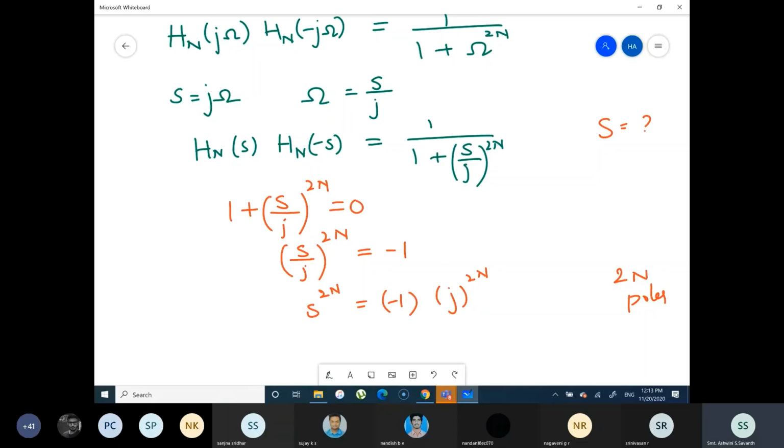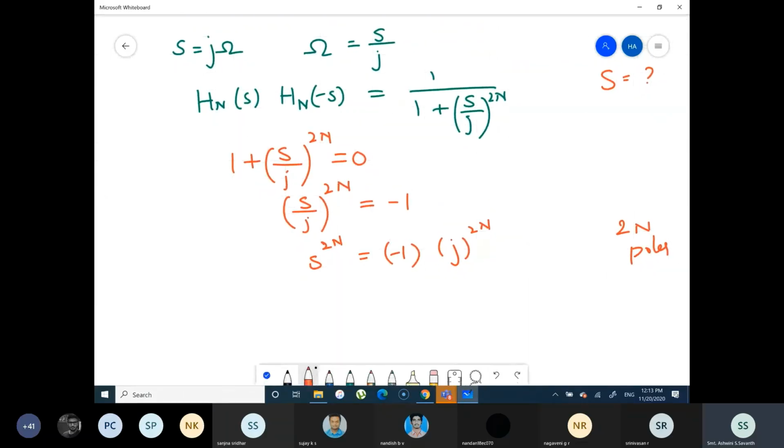So we are going to remove that power 2n and take the 1 by 2nth power: s equals minus 1 to the power 1 by 2n into j. Because j power 2n, when you take the 1 by 2nth power, gets cancelled and you are left with j. So we have a total of 2n poles in this transfer function. Now we have to find the value of this s.